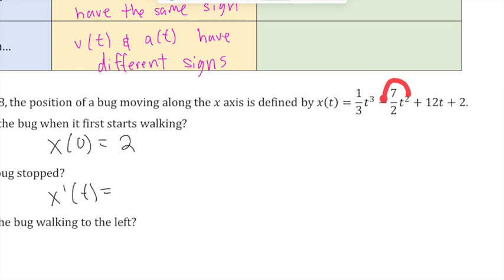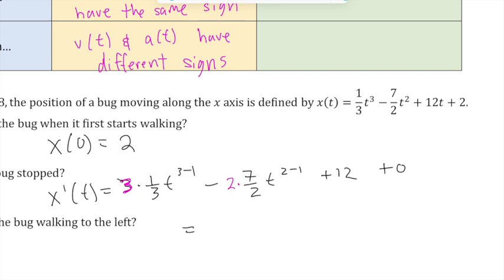The 2 is going to go down, multiply, and then subtract 1. The derivative of 12t is just 12, and the derivative here is 0. Okay, so if I clean this up, these 3's cancel, so we're left with t squared. These 2's cancel, so we're left with minus 7t to the first, and then 12 plus 0 is 12.